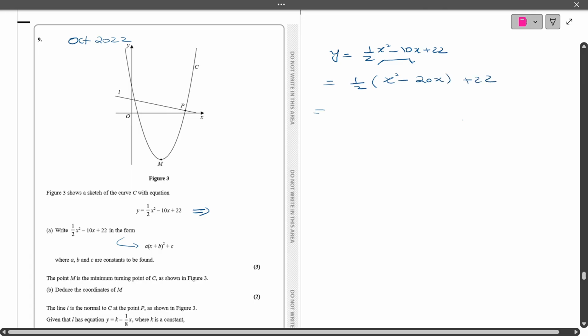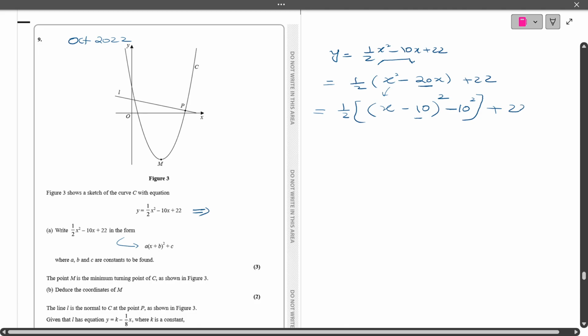Okay, now I'm going to use the rule for completing the square. Write 1 over 2 as it is, and this x here minus half of 20. So half of 20 is 10, and square on top. Then this negative 10 I'll write here with a square on top, and close the bracket because I have 1 over 2 outside.